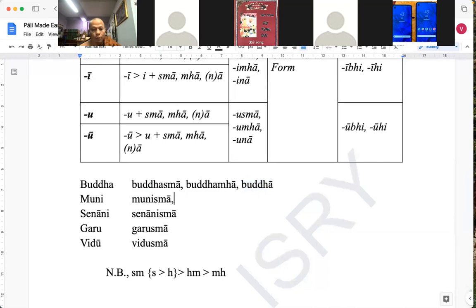For the muni stem, muni sama and then secondarily muni ma. But the last one, the contracted one, is muni and the R. Here you see two vowels mixed together. If we drop this one, then the stem form is almost lost.